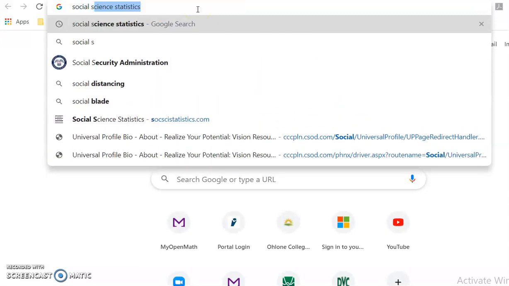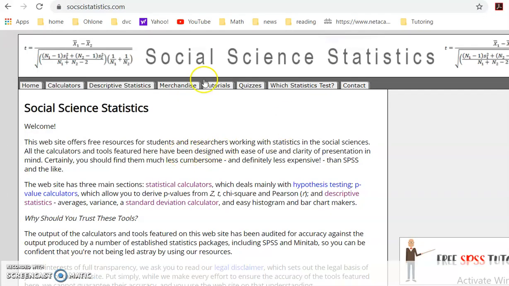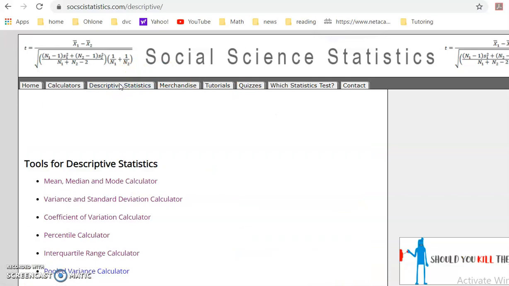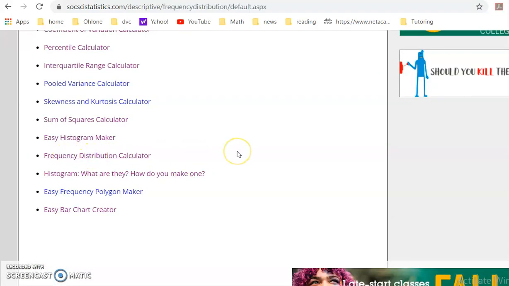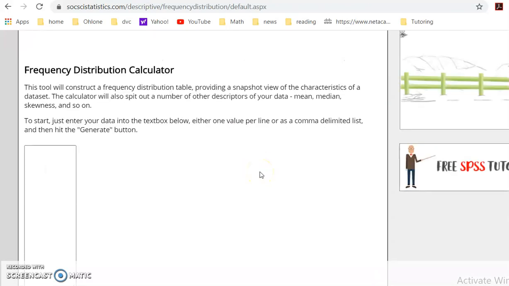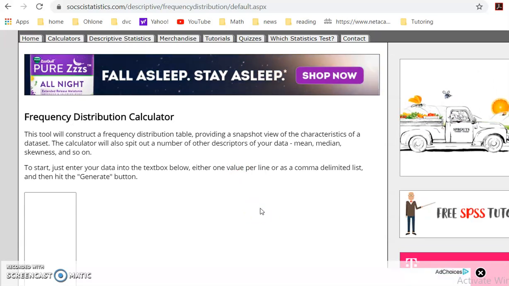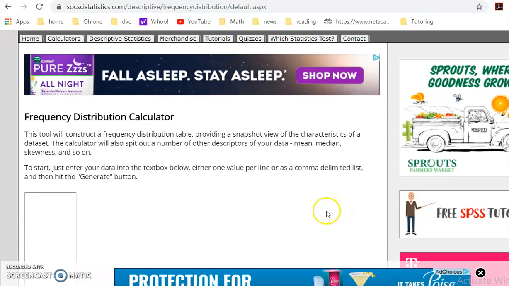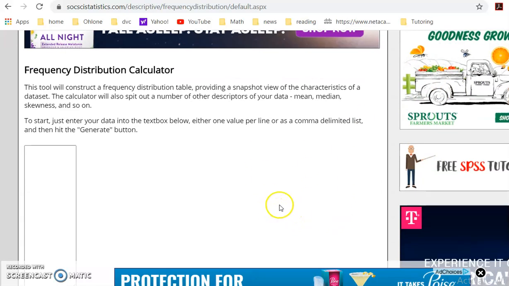So you click on social science statistics, and it has descriptive statistics, and then the frequency distribution calculator. The one thing I don't like about this calculator is that there are a lot of ads. They can do a lot of stuff, but I think this is a little better, with fewer ads.